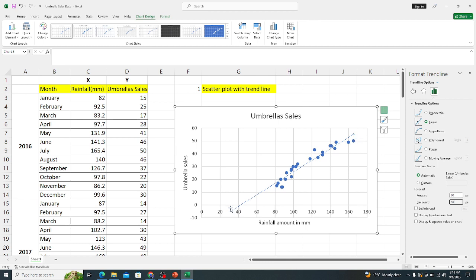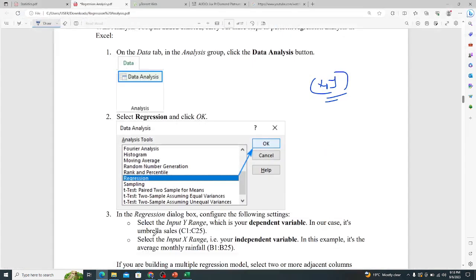Depending on the knowledge I have, I know our constant, or our y-intercept, will be on the negative side. So this is the x-axis and this is the y-axis, and this will be my regression line, meaning our y-intercept will be on the negative side of y.